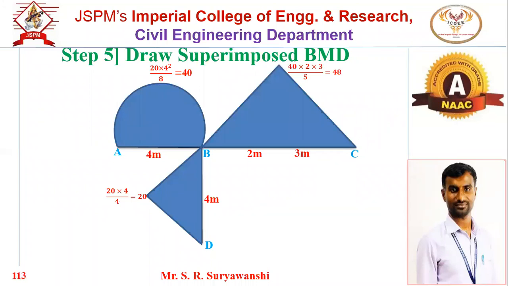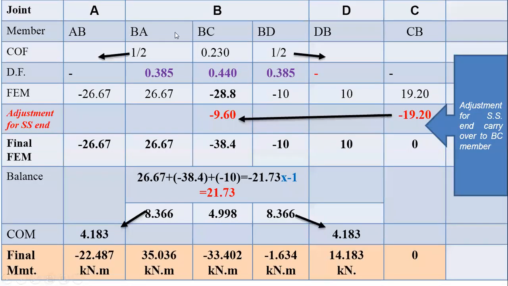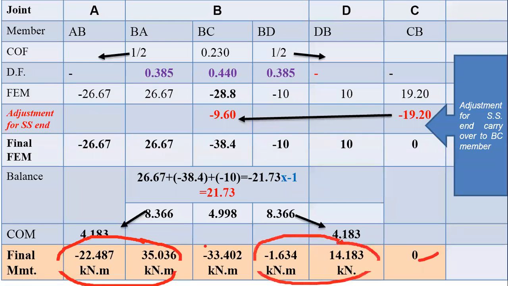Now consider the support moments, MAB, MBA. If you observe the moments here, for the AB member the moments are minus and plus. For BC, one is minus and the other is 0. For the BD member, minus and plus. What does it indicate? For the AB member, the moments are minus and plus.